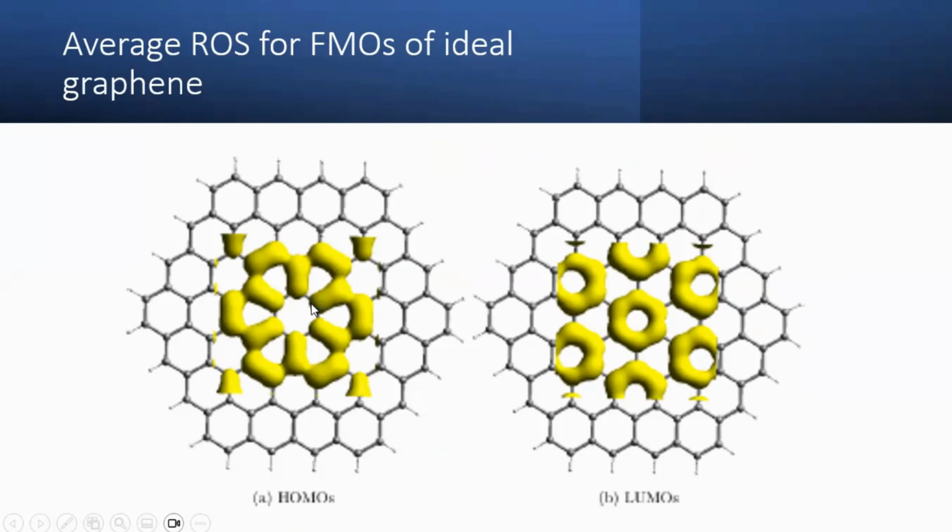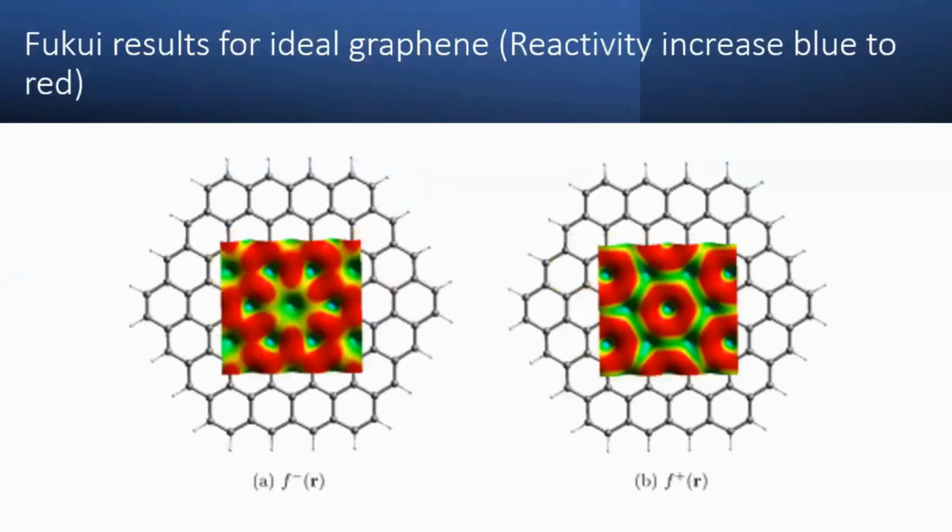Here we can see all carbon atoms of the graphene are almost the same, because each carbon atom's bond length and charge are the same. So in the electron transfer process, an electron can jump from any place, or an electron can come. Here you can see the LUMO orbital can come to any place.